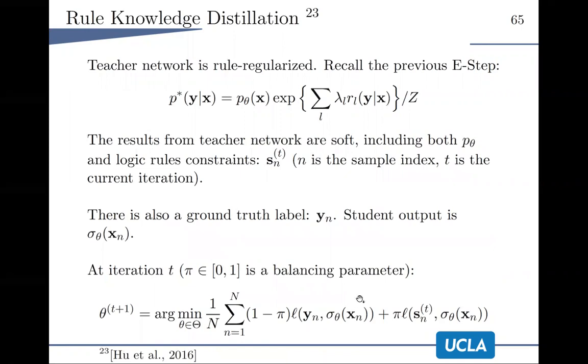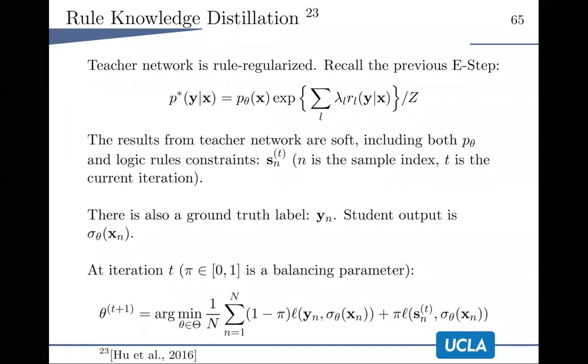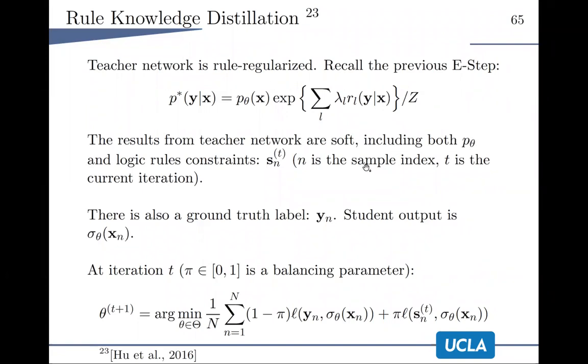The teacher network is rule regularized, which is where the rule goes into the teacher's side. Recall that we have this equation to calculate the P star, and the result from the teacher network is soft, including both P theta and the logic rule constraints.